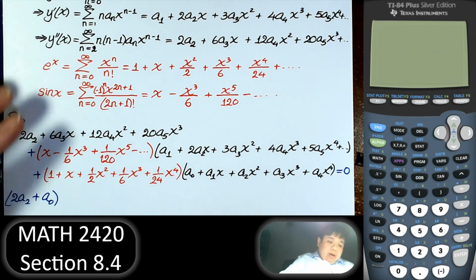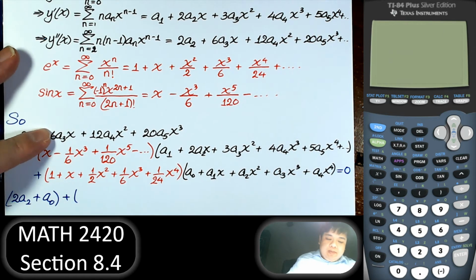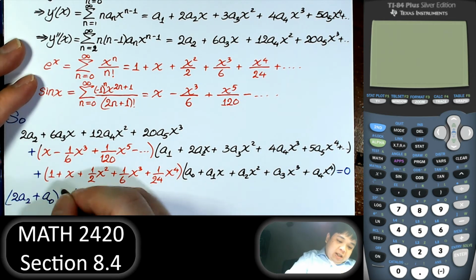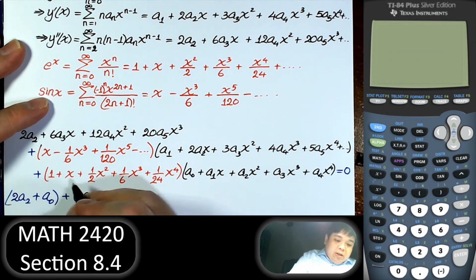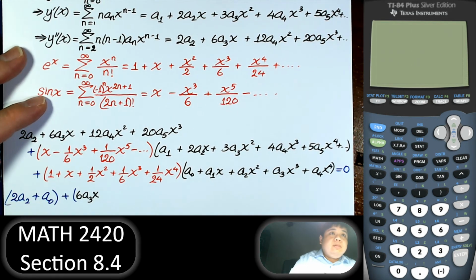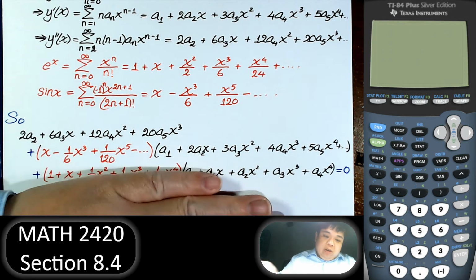Right, now let's collect all the ones with x. So first one we have here 6a3 times x. Right, now how to get x for the second?